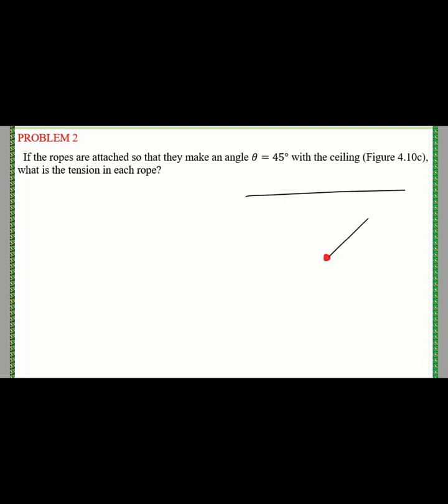Here is the first rope, angle 45, and here is the second rope, and the angle again is 45, against the force of gravity downward. Now we need to put x and y axes. This is x, and that one is y.